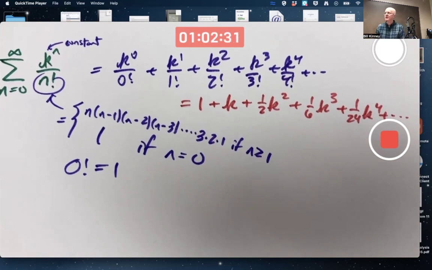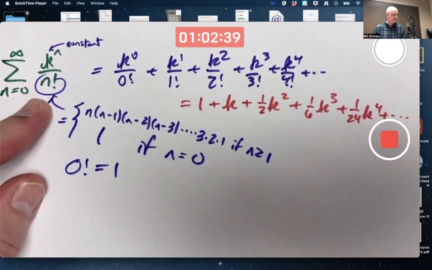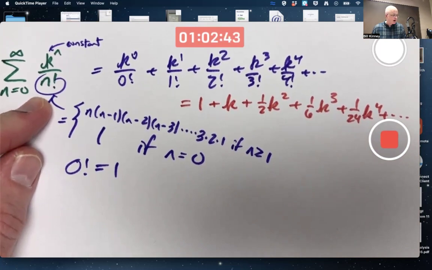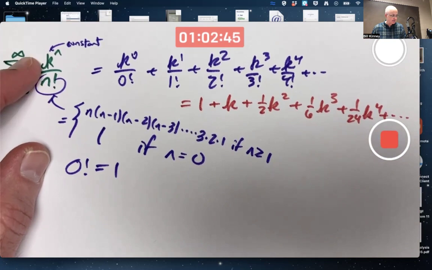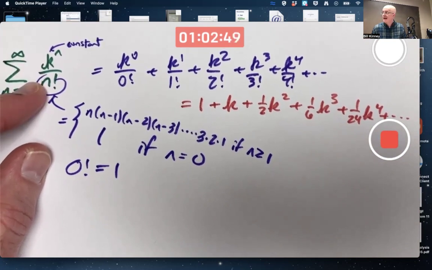Does this converge or diverge? It should be not clear. Why not clear? Because it's not clear what's happening to these terms as n gets large. Both the top and the bottom, especially if k is bigger than 1, could be getting pretty big as n gets bigger, right?